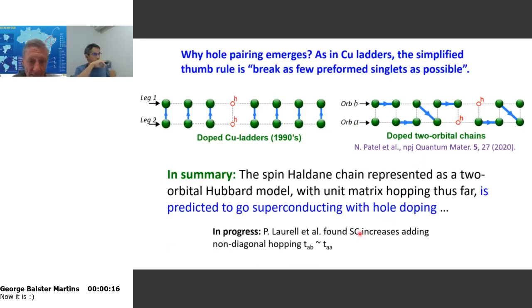So we will see how adding extra hoppings, mixing the orbitals, affects the superconductivity. Anyway, I understand that this part was complicated, and I apologize for that. But this modern physics is complicated.